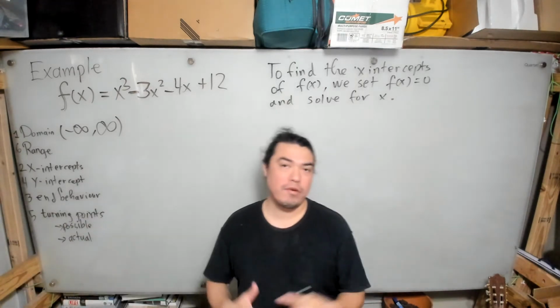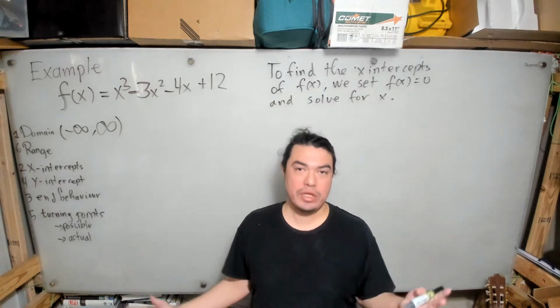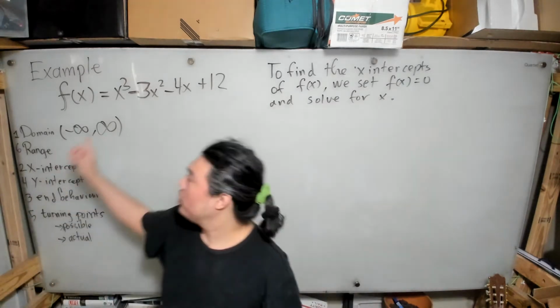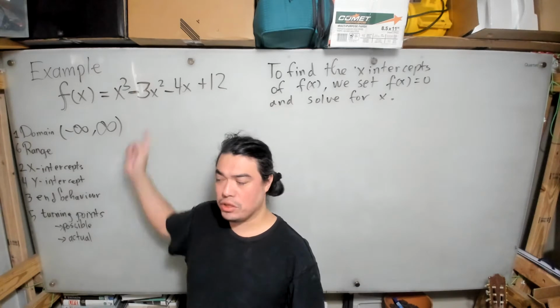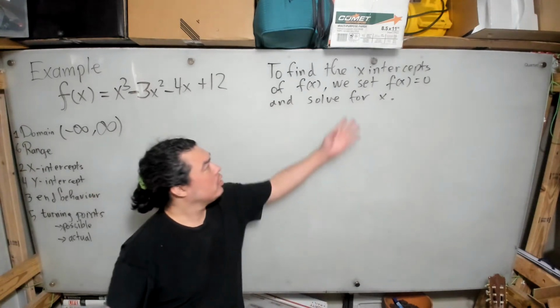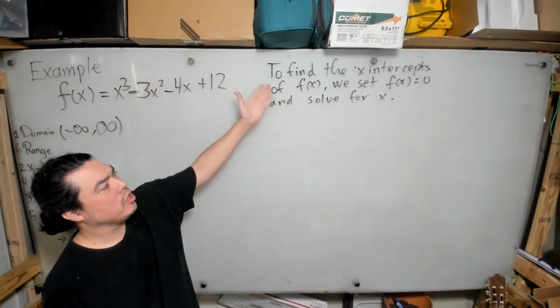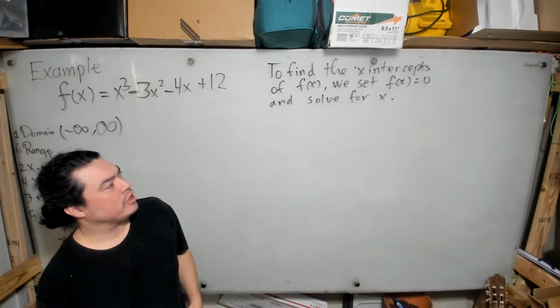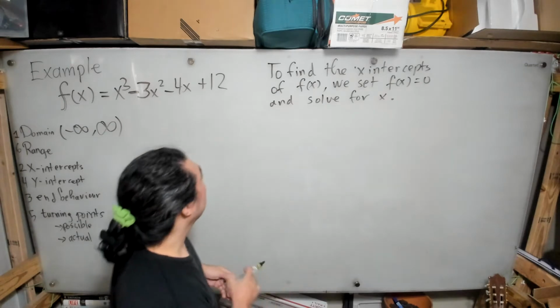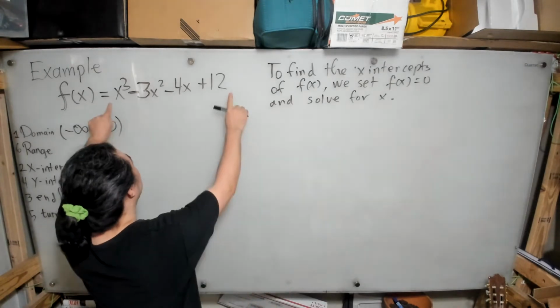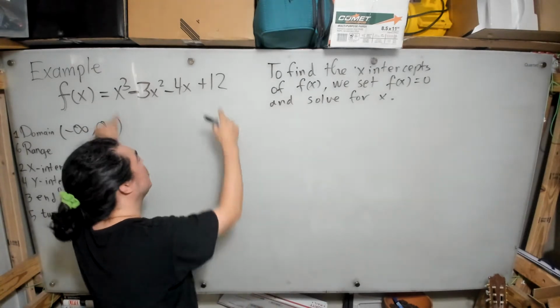If every point on the x-axis has y-coordinate 0, then to find any point on the graph of this function that is on the x-axis, or to say it differently, to find the x-intercepts of f of x, we set f of x equal to 0 and solve for x. In this case, I'm going to set this expression equal to 0 and solve for x.